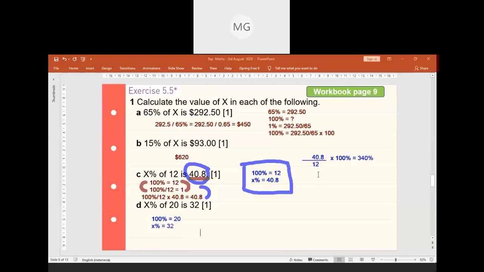You can pick any one. You can use the step using the brown color or the step using the blue color. Which one is easier for you, you can pick. So how many percent is it? Anyone want to help me? 160. Okay.